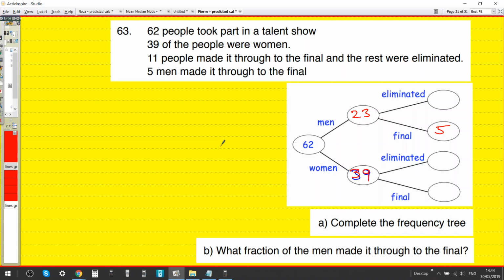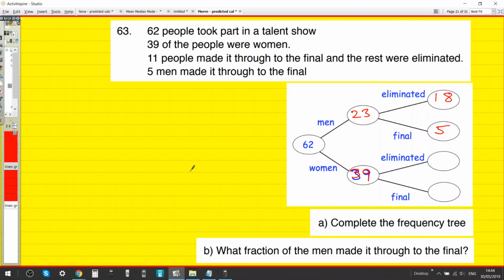To work out who was eliminated, there's 23 men in total. So again, 23 take away 5, 18. So 18 people got eliminated.